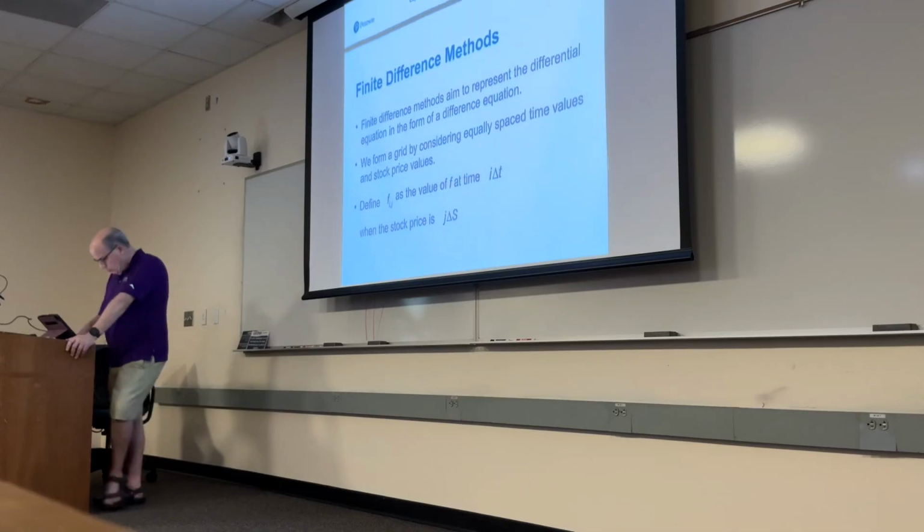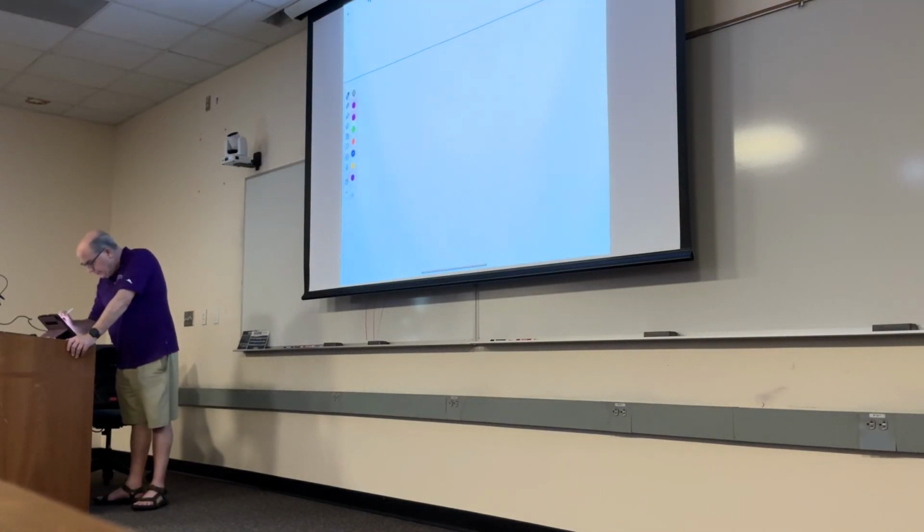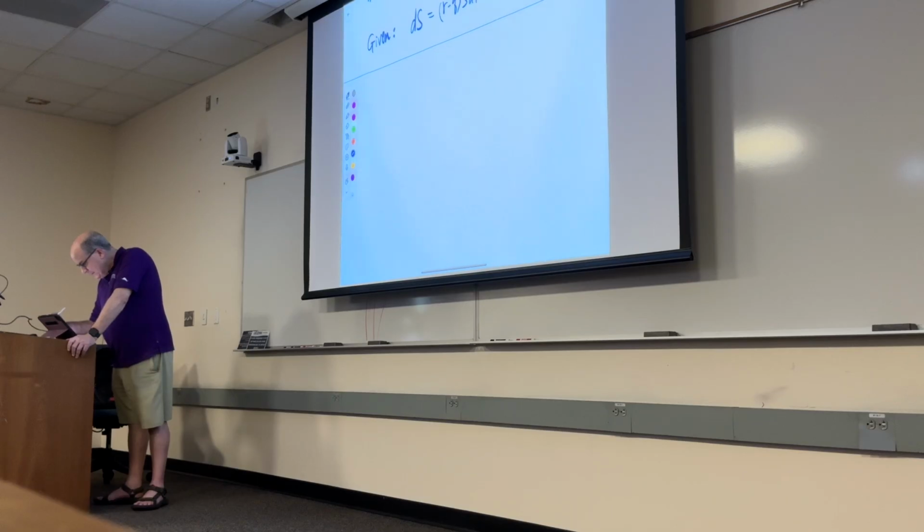So ultimately, what is computing a Black-Scholes price about, right? The stock price follows dS equals (r minus q) S dt plus sigma S dz.